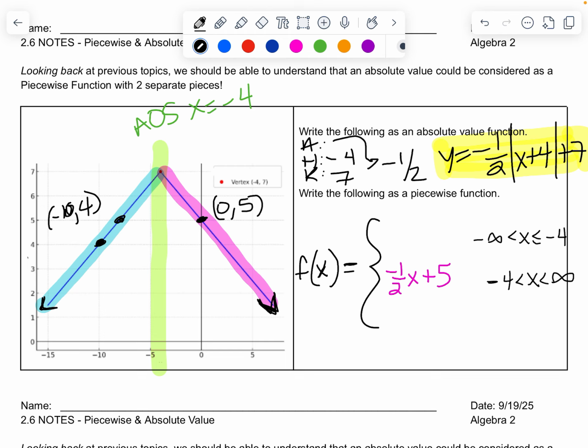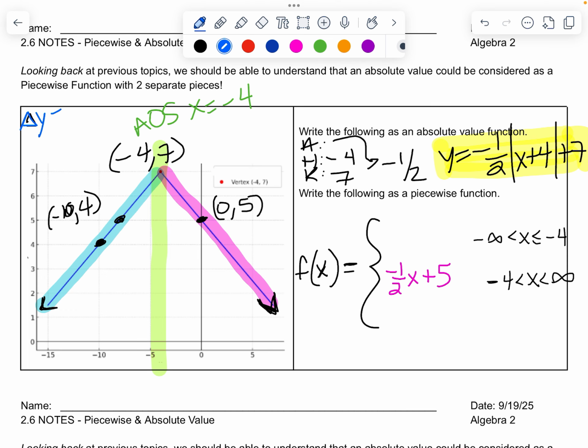And what I mean by that is if I consider the -10.4 and the -4.7 vertex here, the change in y, I'm going from 4 to 7. I suppose I'll go ahead and do this in blue.